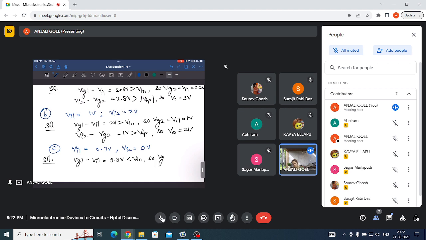So VG2 is equal to VG1 minus VTN, which is equal to 2.5 volt. Now Vi2 minus VG2, which is minus 2.5 volt, is less than VTP. So VG2 plus VTP is equal to 2.9 volt.